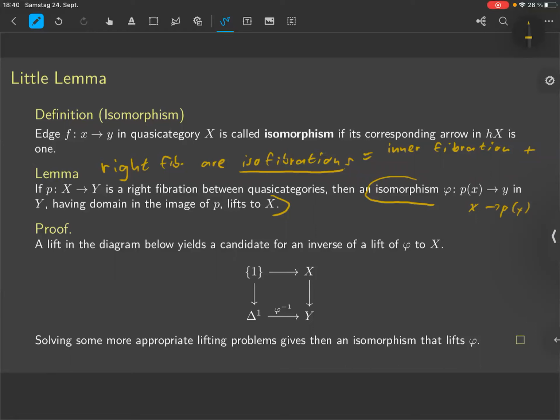The idea behind the proof of this lemma is we want to find an inverse of a lift to the top.